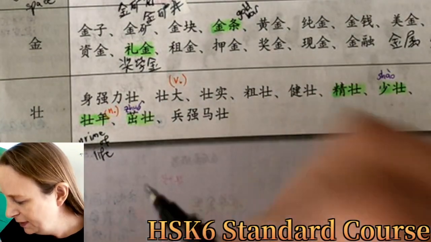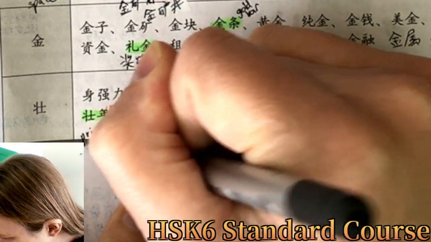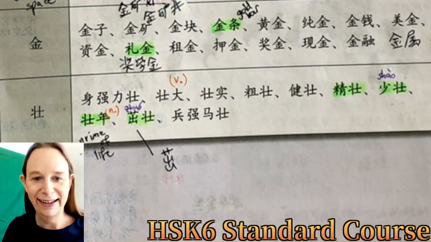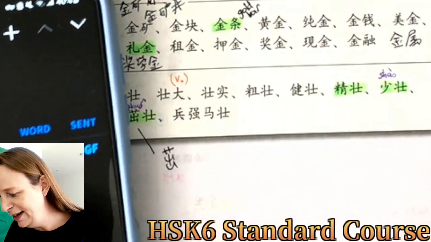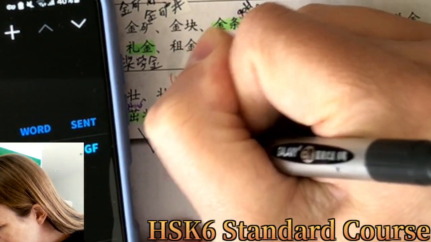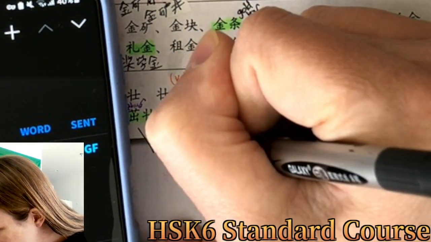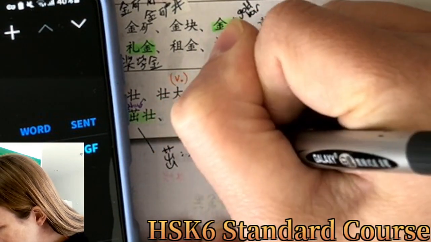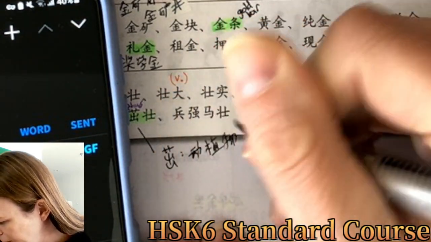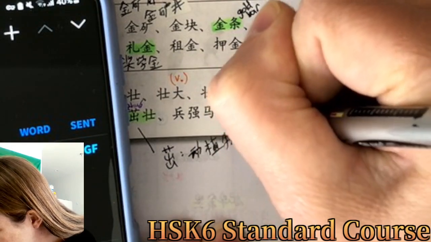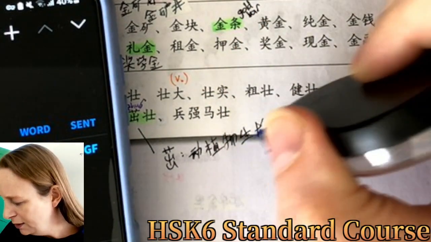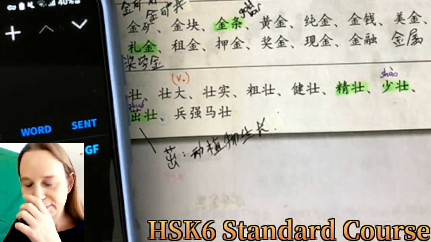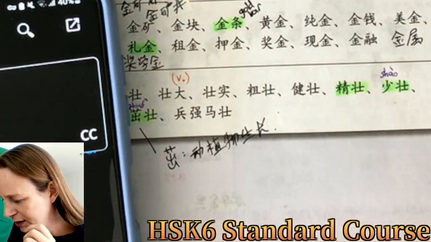So while we're here, it's 出 with grass on top, and the dictionary definition is 动植物生长旺盛.